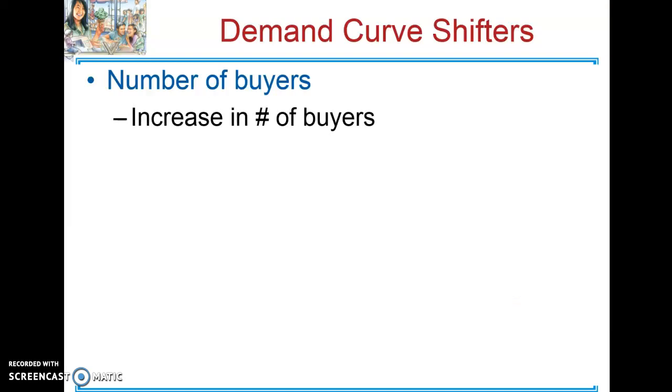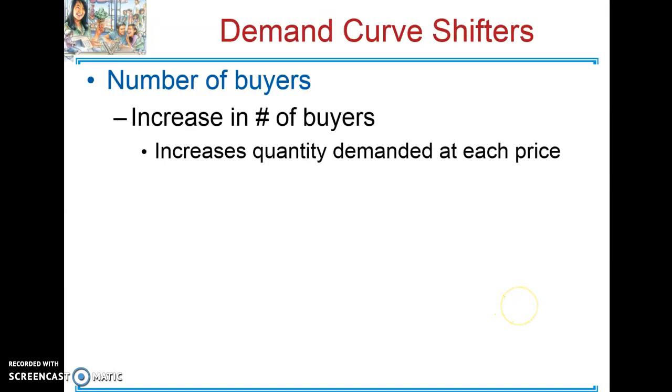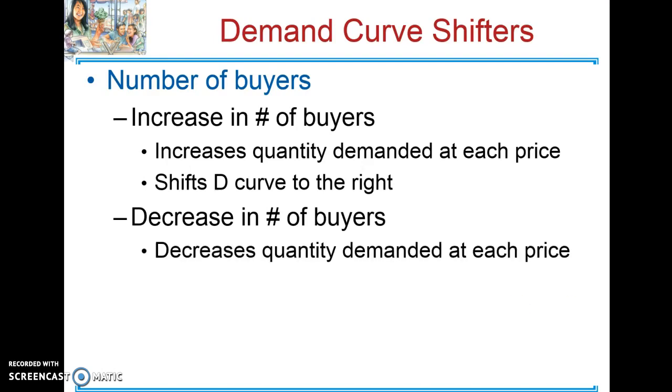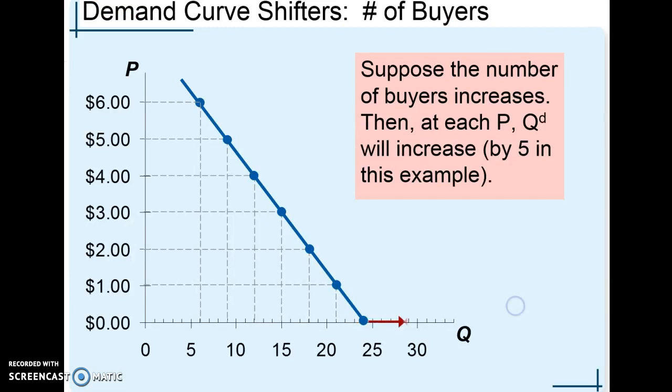The number of buyers: if you have an increase in the number of buyers, that would increase the quantity demanded at each price. The demand curve would shift to the right. If we have a decrease in the number of buyers, that would decrease the quantity demanded at each price, and the demand curve would shift to the left. On this slide, you can see that as the number of buyers increases, the demand curve has shifted from its original position to the right.